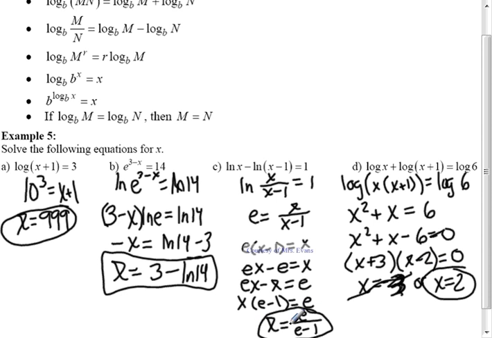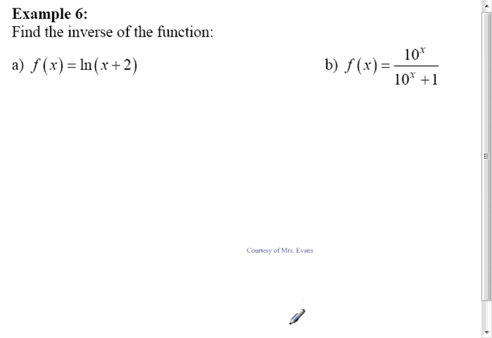So there you go. Okay, example 6, find the inverse of the function. Remember that all we did to find the inverse was switch the x and y and solve for y. Alright, so I would have x equals ln of y plus 2.